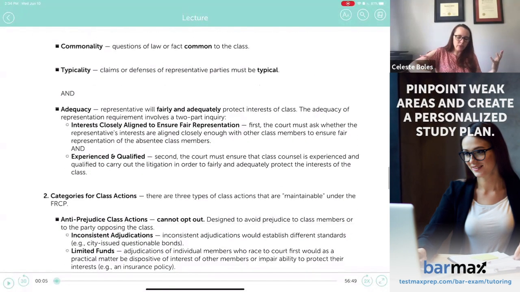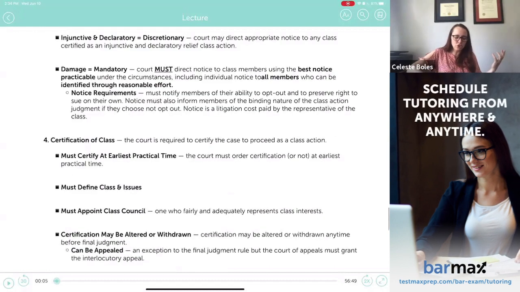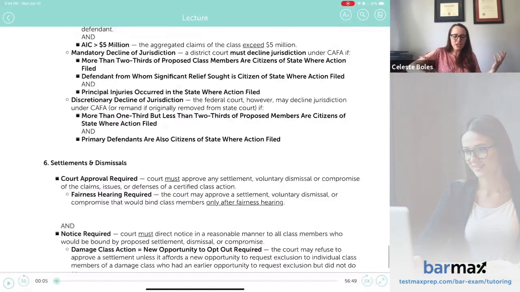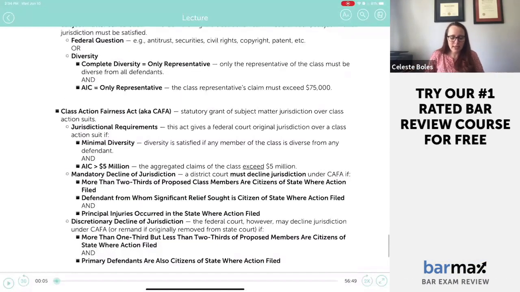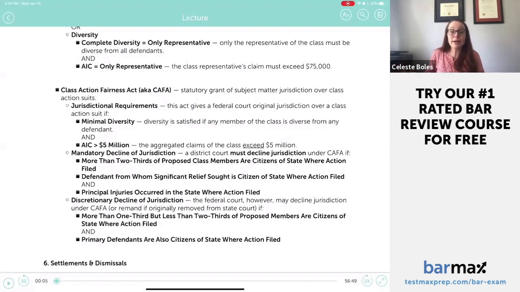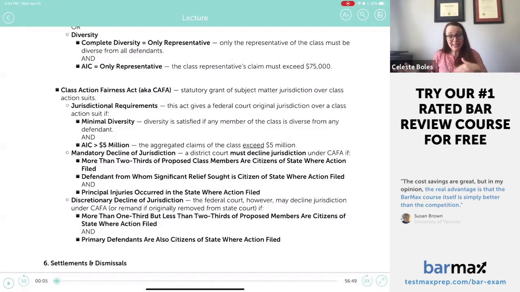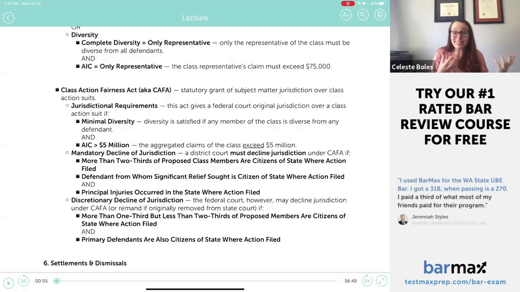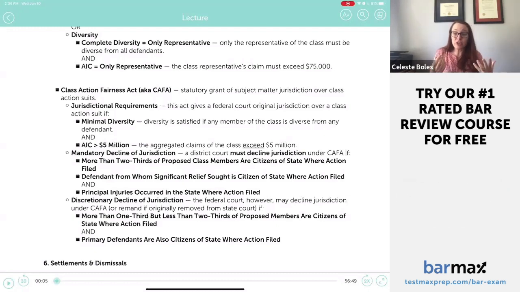and what you have to do in a class action, the jurisdictional issue, and then the Class Action Fairness Act, okay, which is a statute that grants the court subject matter jurisdiction over a wider range of class actions than it would otherwise have. Basically, very large class action lawsuits can get into the federal court under the Class Action Fairness Act, even if they don't meet the court's federal question or diversity jurisdiction.